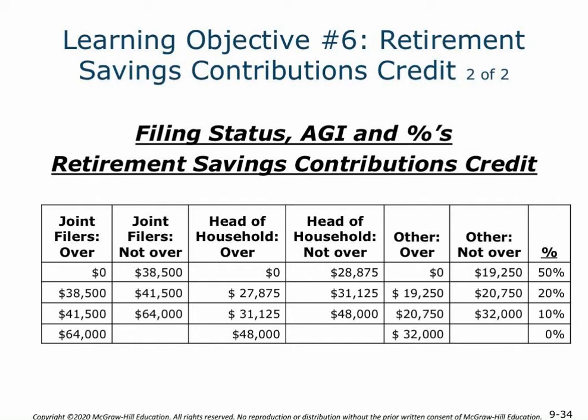We've got a head of household amount that follows a similar approach, and then we've got all others. So this would be single filers. For single filers, not over $19,250 would be your 50%, and similarly, over $32,000 would be reduced to 0%.